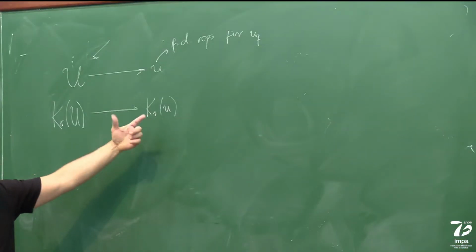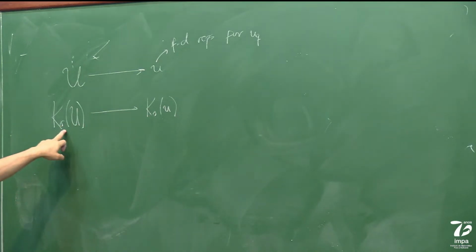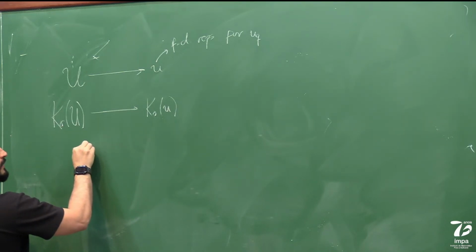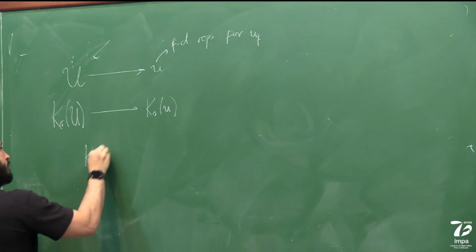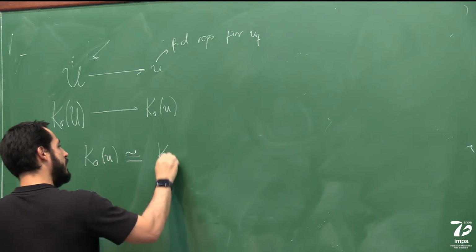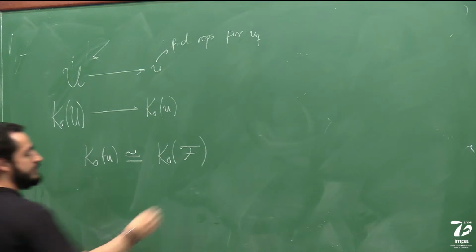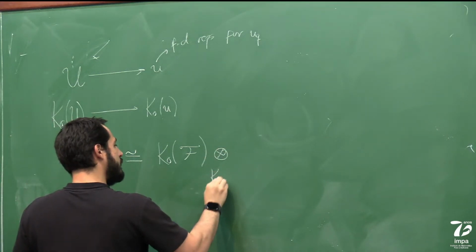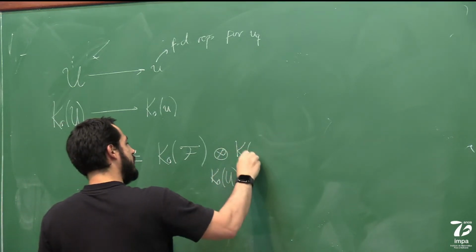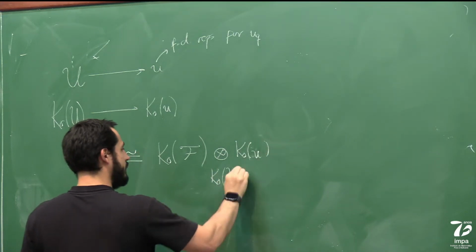She gave a description of this ring in terms of this quantum group; she shows that this K0 of u is isomorphic to the usual fusion ring for the big quantum group tensor over the Grothendieck ring of the big quantum group with the small quantum group. This is small, and this is the big one.